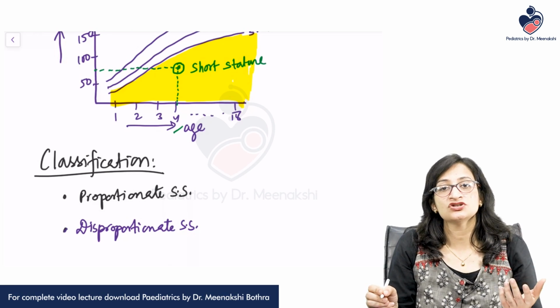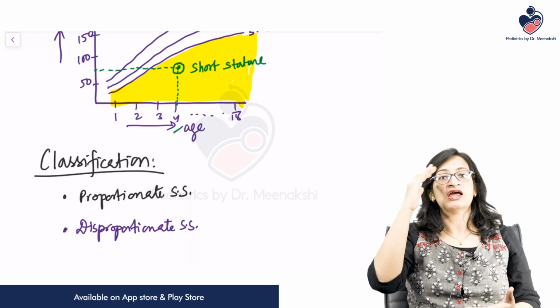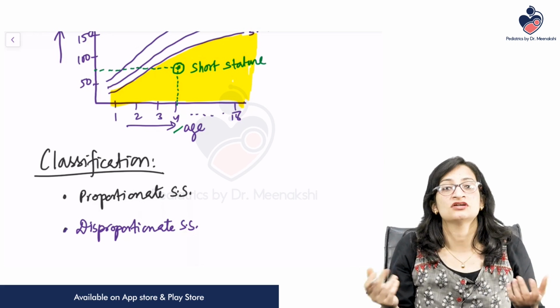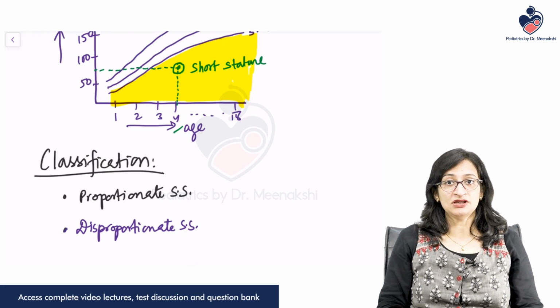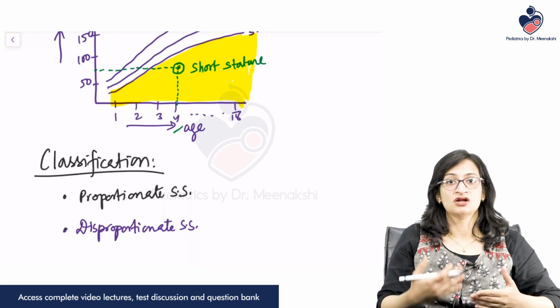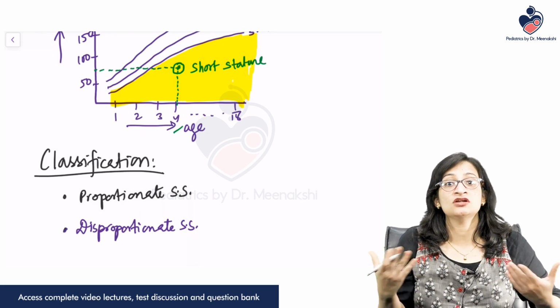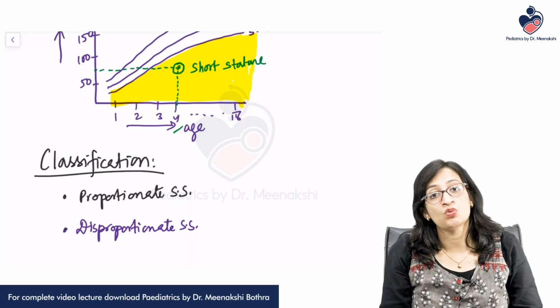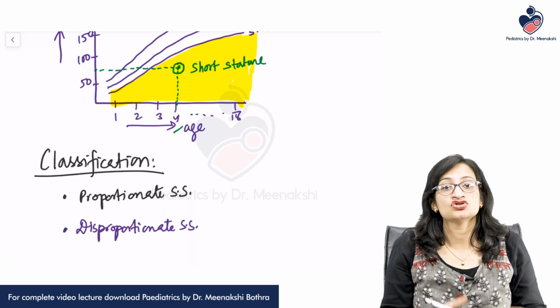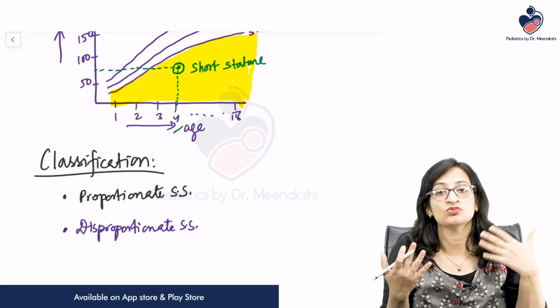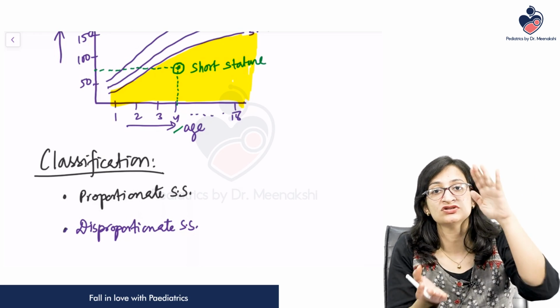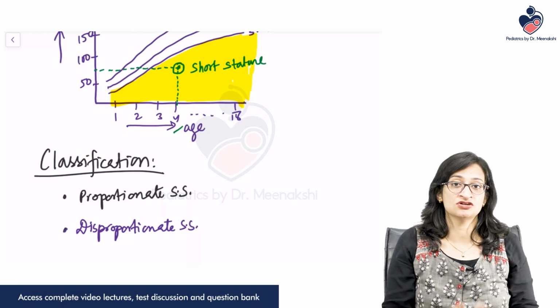So in proportionate short stature, both the trunk and the limbs are proportionately short. Now the trunk or the vertebral column mainly comprises the upper segment, while the limbs, especially the lower limbs, comprise the lower segment. So if both the trunk and the limbs are proportionately short, then both the upper segment and lower segment proportionately reduce.